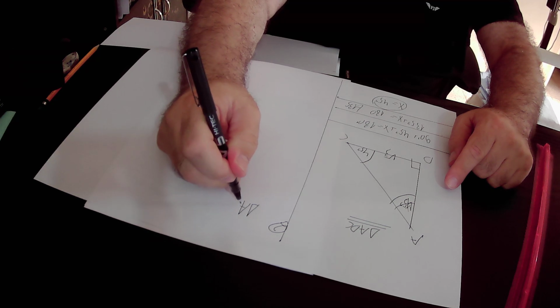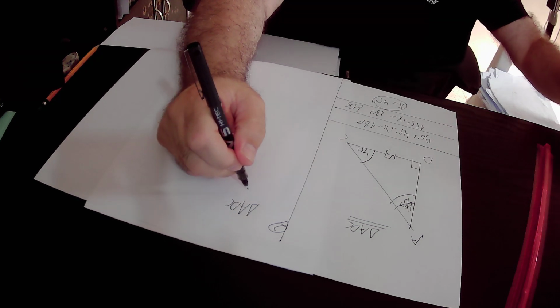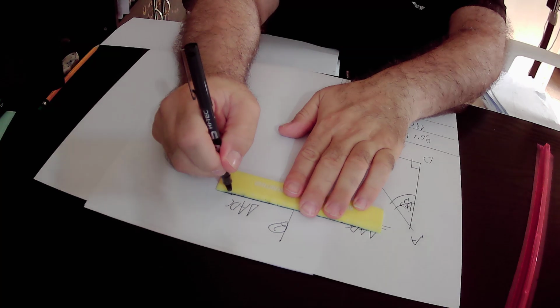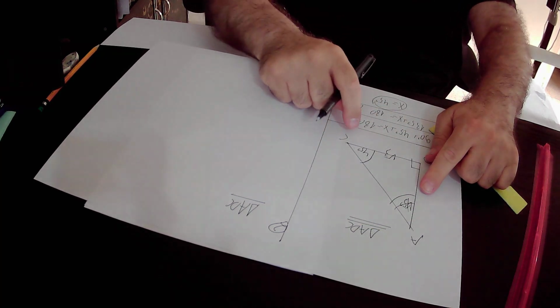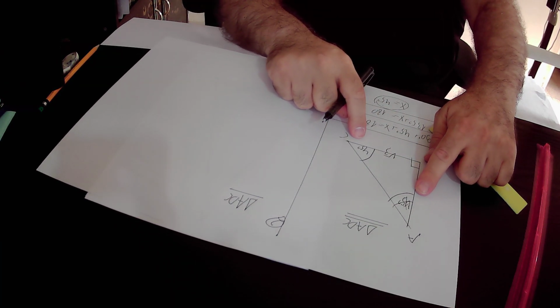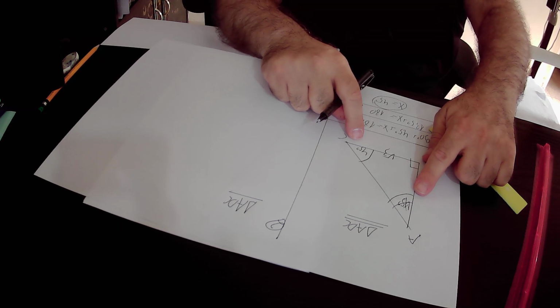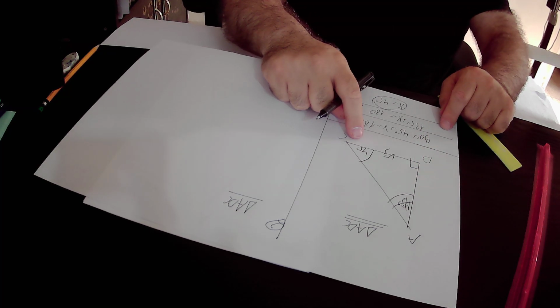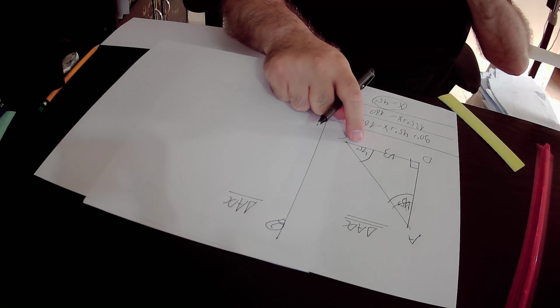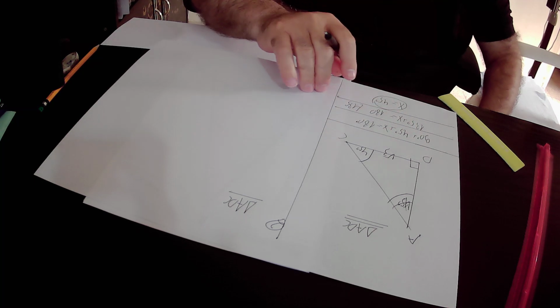In the right triangle ADC, those two angles are both equal to 45 degrees, therefore they are equal to each other, and we have the rule that in front of equal angles in the triangle there are equal sides. So in front of this angle we have side AD.